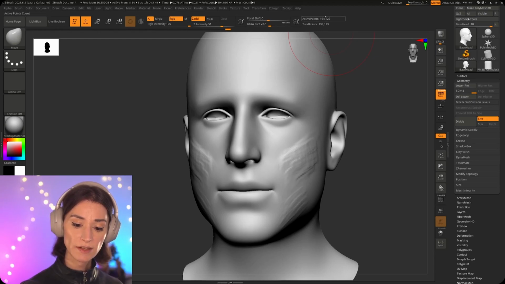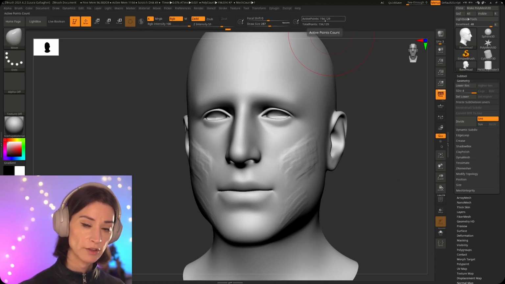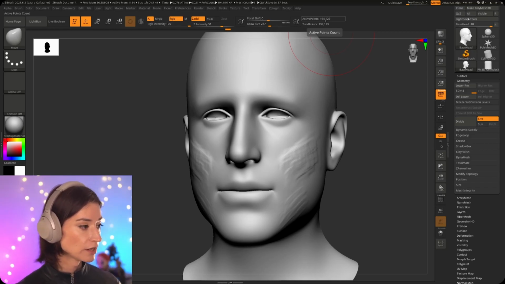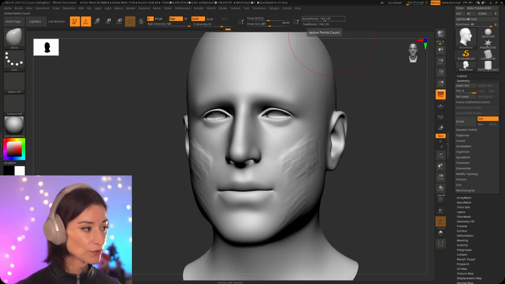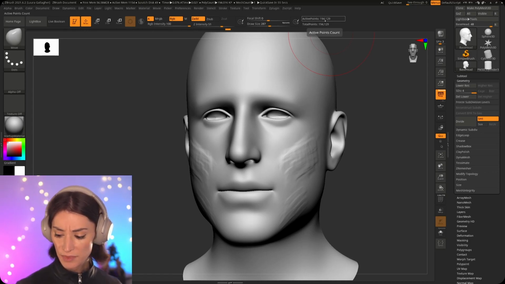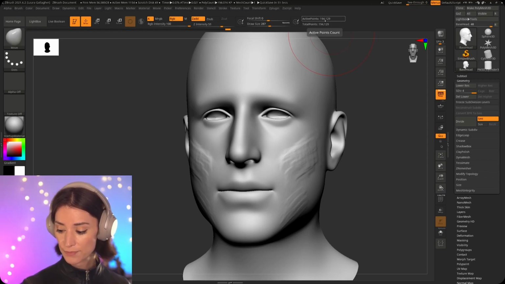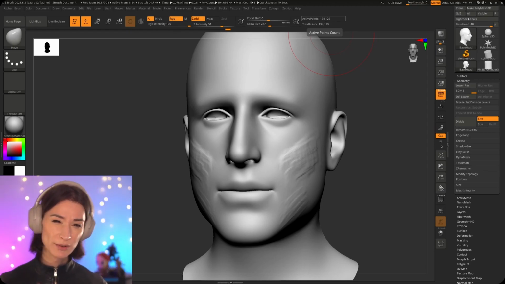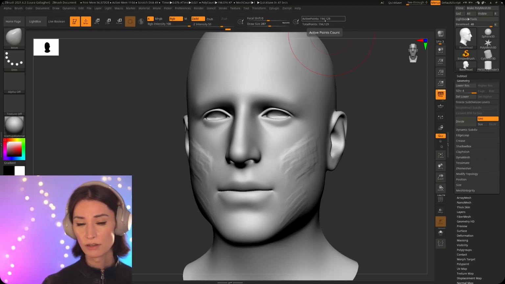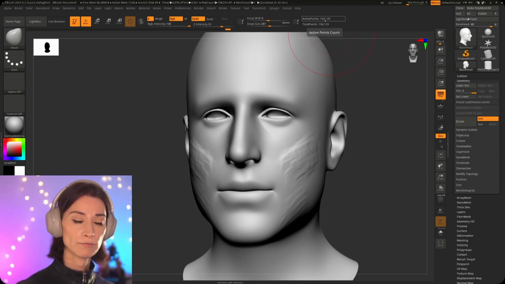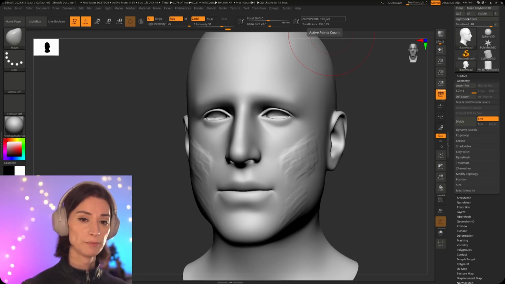By the way, we can see here on the top the number of points that I have on my head right now. Right now we're at about 200,000 points. These certainly are vertices, but not polygons, but there's a very linear equivalent relationship between the number of polygons and the number of vertices.